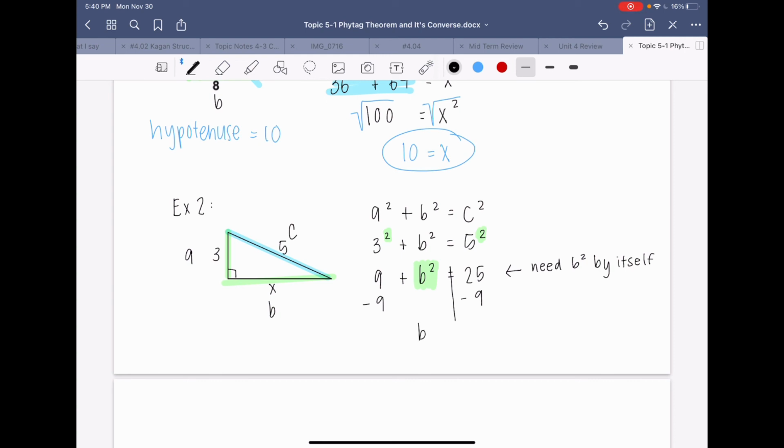So we have b squared equals 25 minus 9, which is 16. And then now we do the step we did up here. We're going to take the square root because we need b by itself.